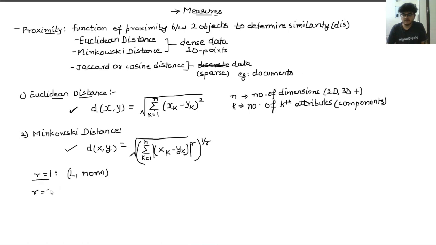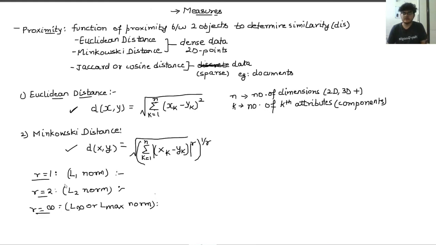If we have r equals 2, we generally call it L2 norm, and if r is infinity, we call it L infinity or L max norm. So just some fancy names for different values of r.